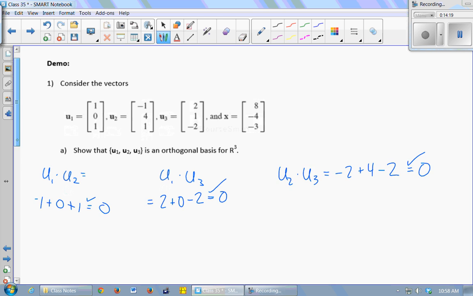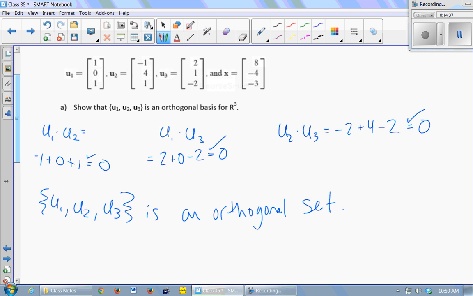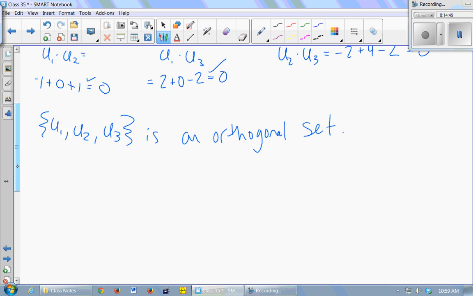So now I just have to explain why it's a basis for R3. u1, u2, u3 is an orthogonal set, and any orthogonal set is automatically linearly independent. That was a theorem from earlier in the notes, Theorem from 6.2. So this is a linearly independent set of 3 vectors, and any linearly independent set of 3 vectors is automatically a basis for R3.